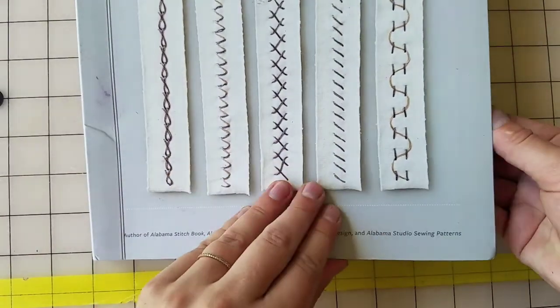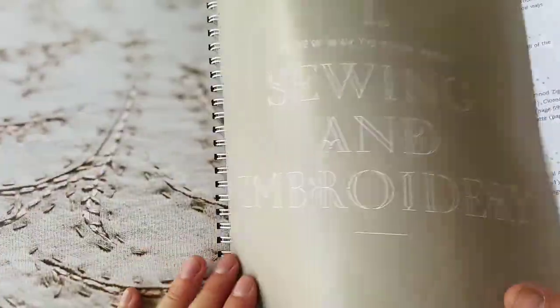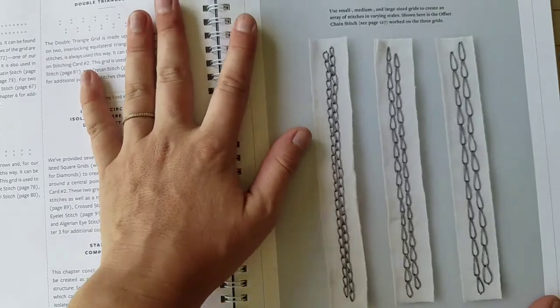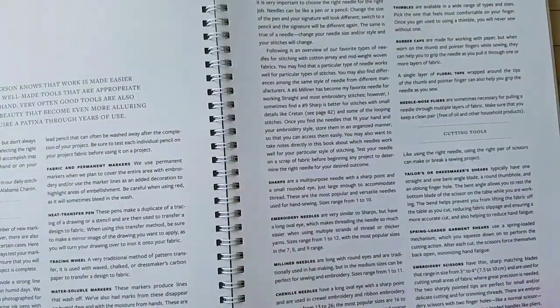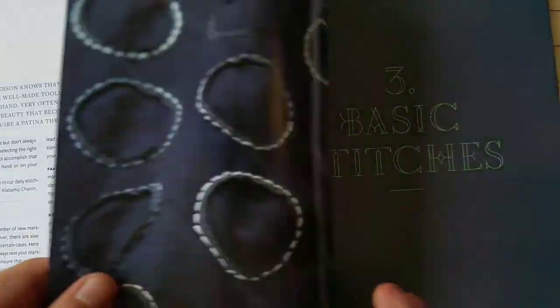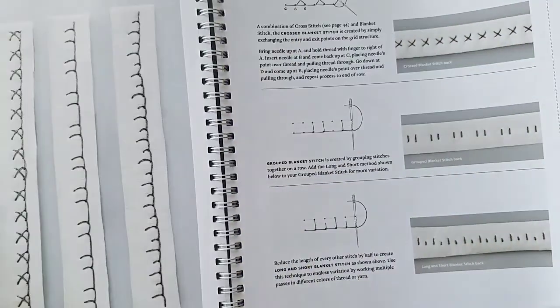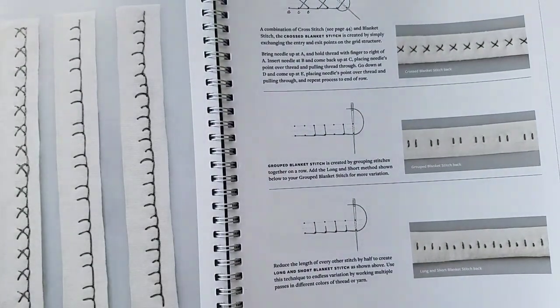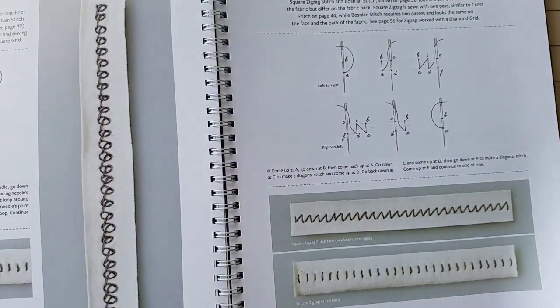This book is just gorgeous and also has very clear instructions about what makes up stitches and details about different types of tools that are used that you maybe would not have thought to even ask a question about. It's very in-depth and very thorough.